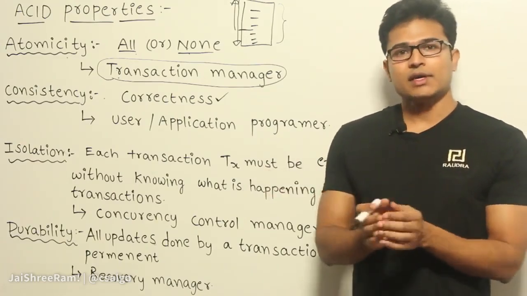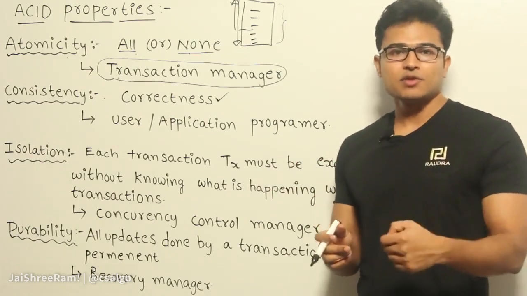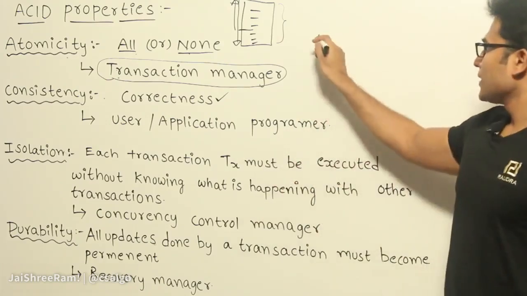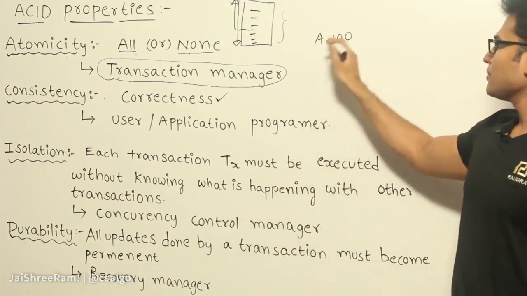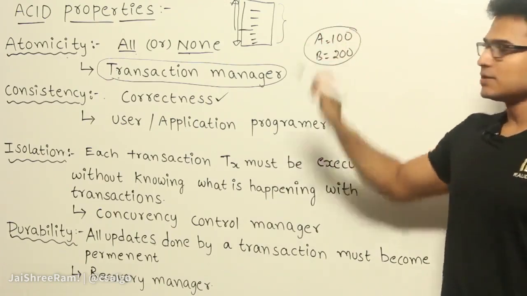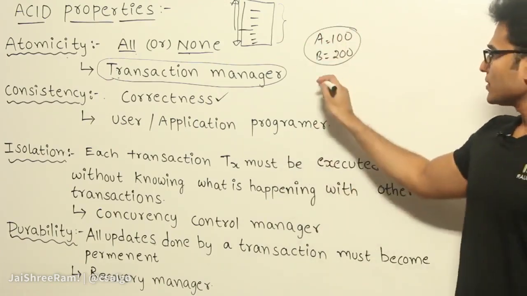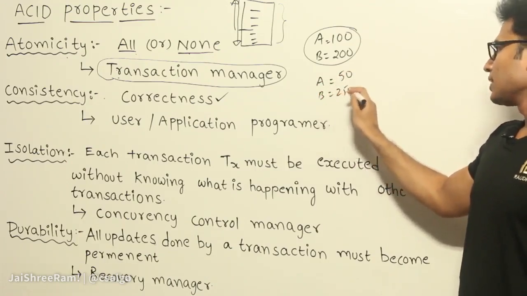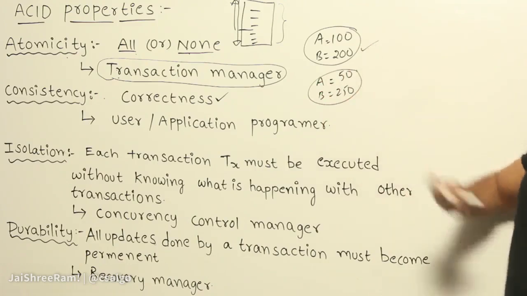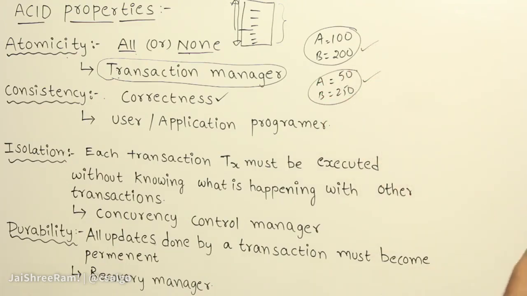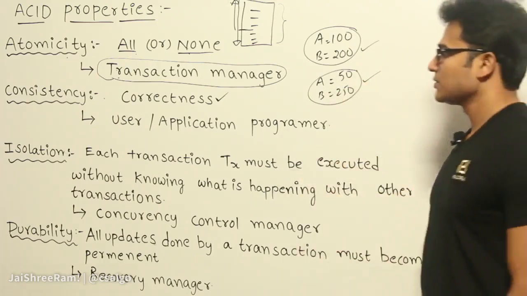After transferring it, the balance of A plus the balance of B should be the same, isn't it? Let us say A initially has 100 rupees and B has 200 rupees. If you add them both, it is 300 rupees in total. After transferring 50 rupees, A is going to be 50 and B is going to be 250, isn't it? It is 300 before you start, and after you do it, the total has to be 300. So that kind of consistency should be there.